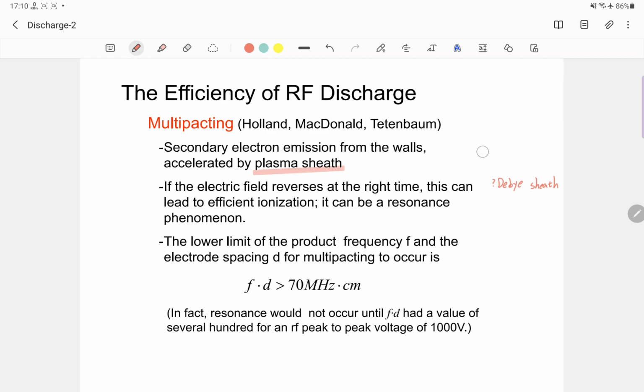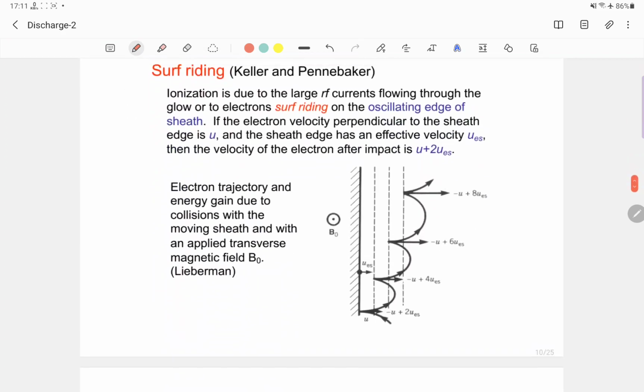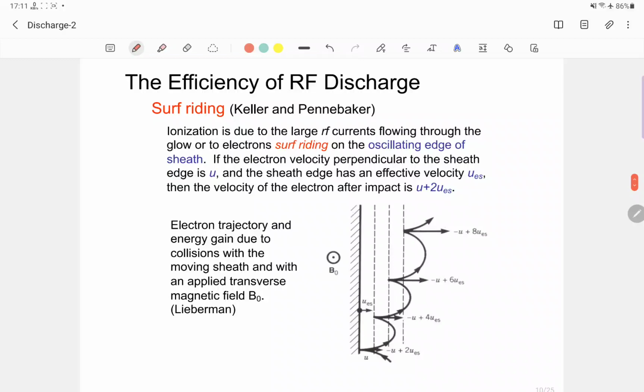In this slide, the electrical field is along the horizontal direction. And here, B0 is the magnetic field. So the magnetic field is pointing up. Okay. So the magnetic field is perpendicular to the electrical field in this system.